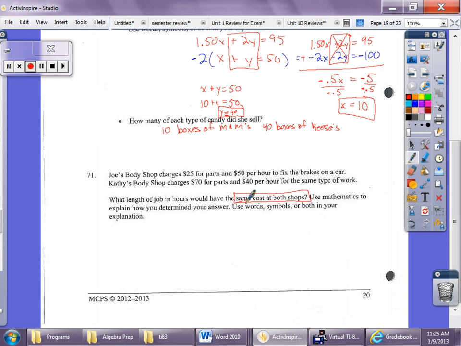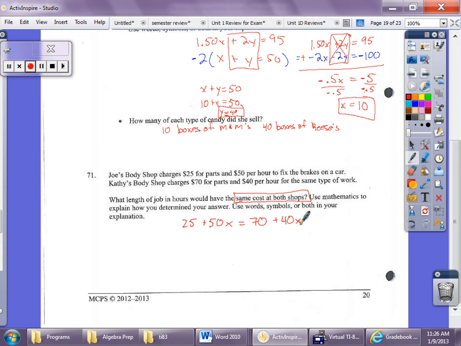So what we want to do is look at Joe's Body Shop. Joe's is $20 for parts plus $50 per hour. And we want it to equal Kathy's Body Shop, which is $70 for parts plus $40 per hour. Now we're going to solve this.